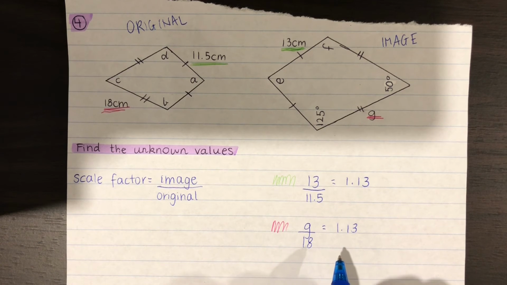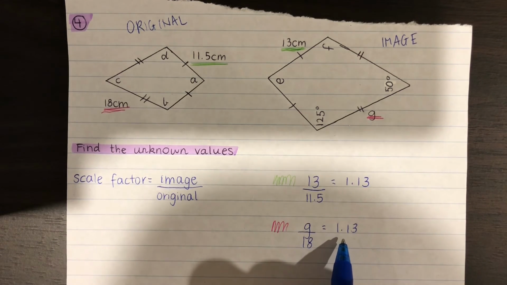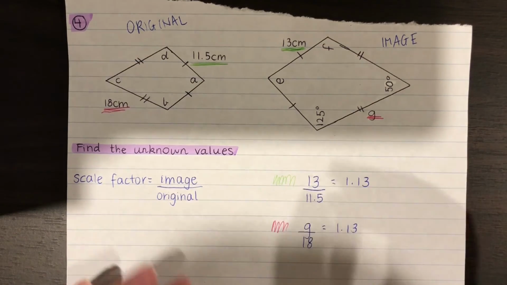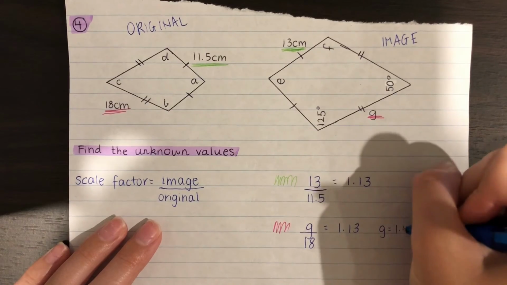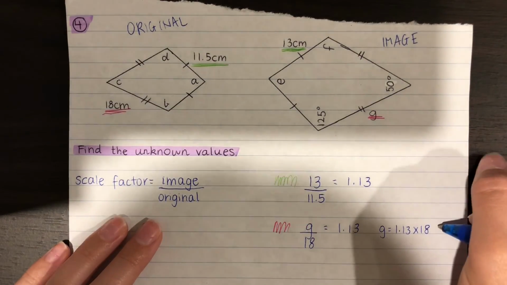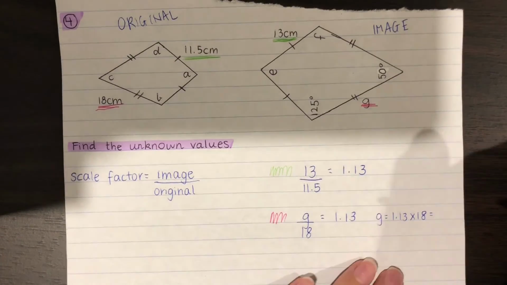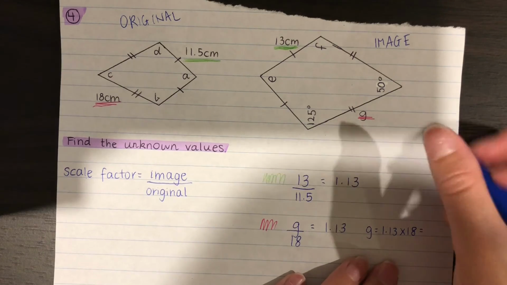So to find out what G is, you would do 1.13 times 18, which, if you round to 1 decimal place, you get 20.3.